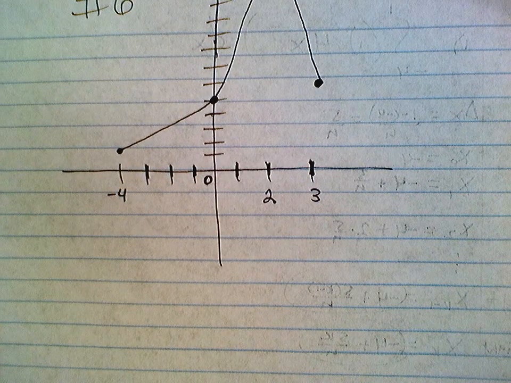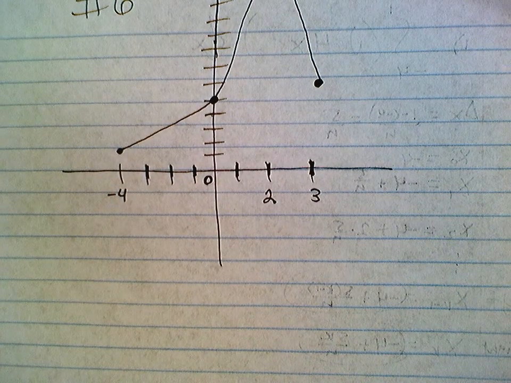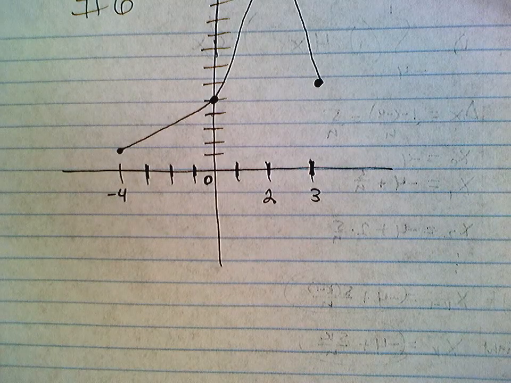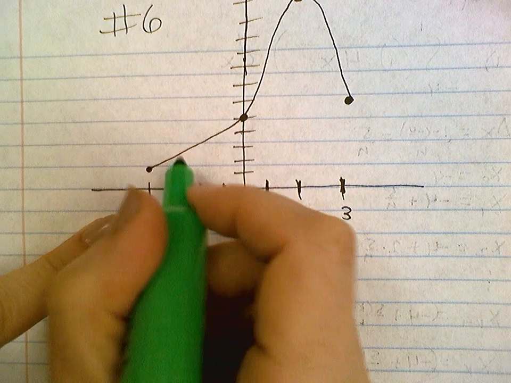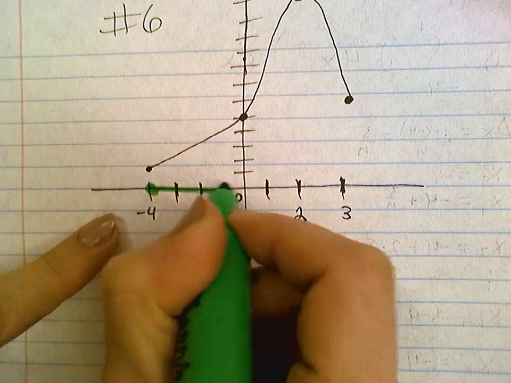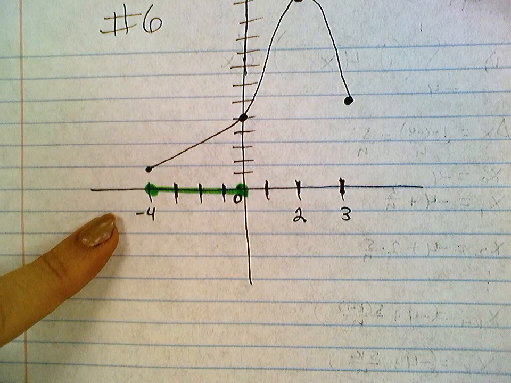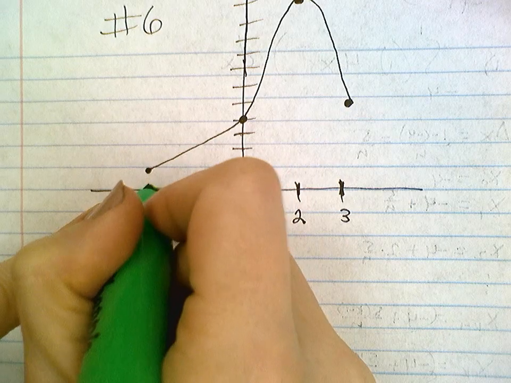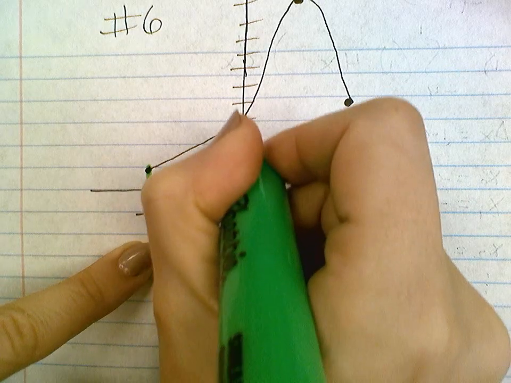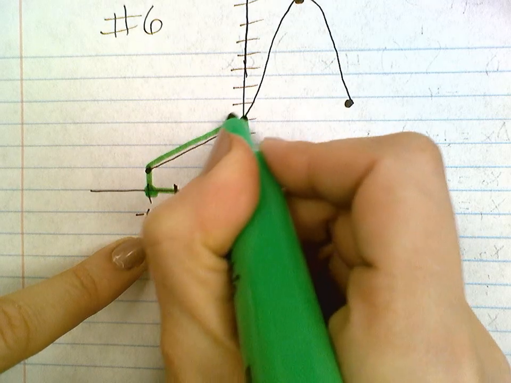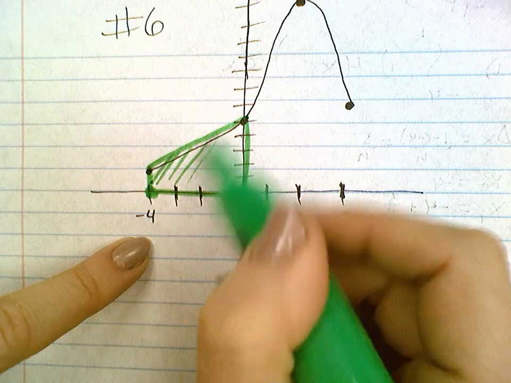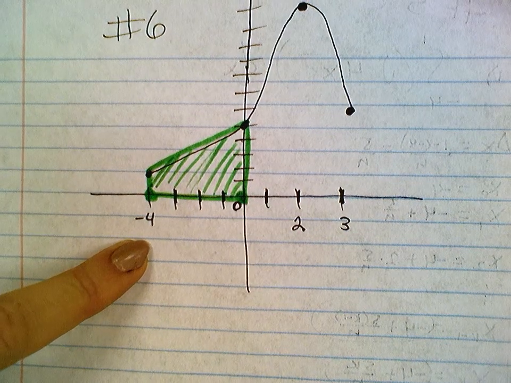So my first subinterval will be from -4 to 0. I'm using a trapezoid, so I just go up to the function from both endpoints and then connect. So this is the first trapezoid.